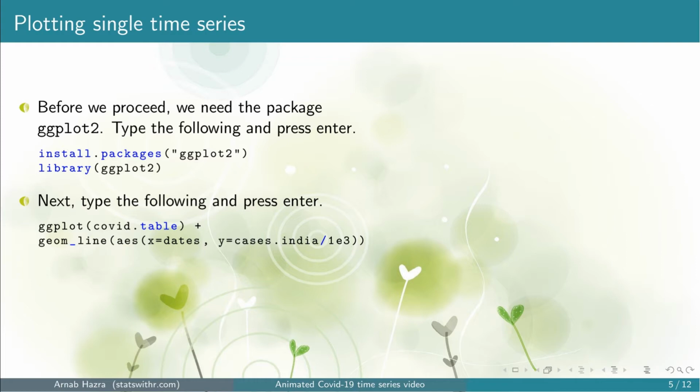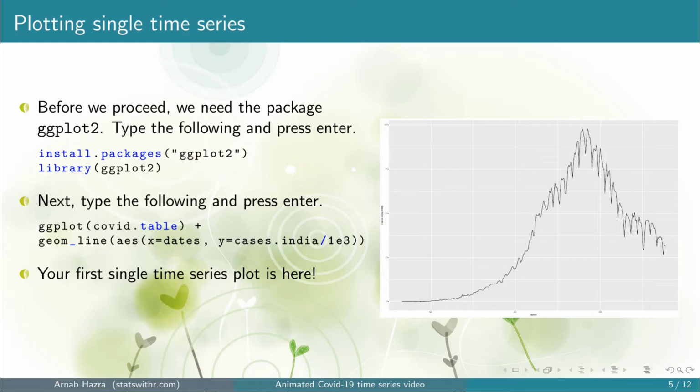Here we want to plot the number of cases in thousands and hence divide the actual numbers by 1000. Now press enter. Okay, you get your first single time series plot.